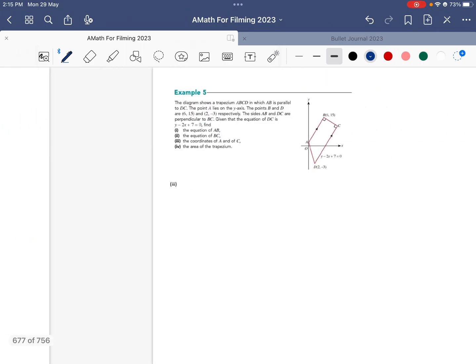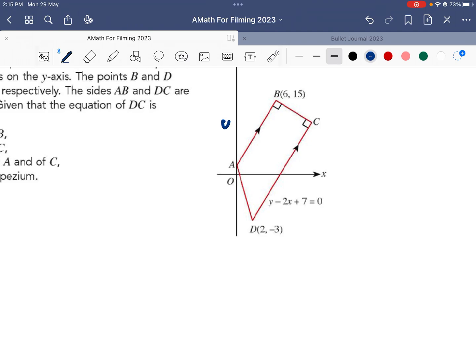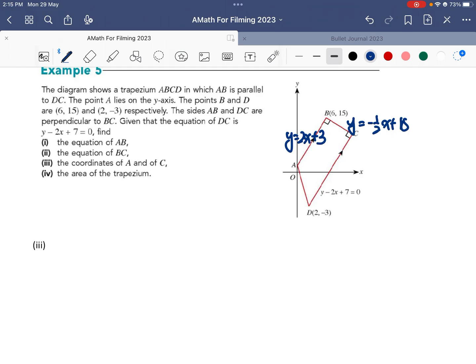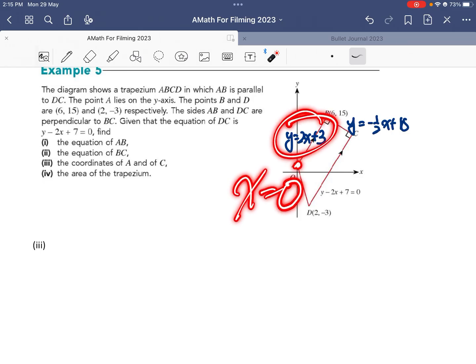Now, find the coordinates of A and of C. Just remember, this is y equals 2x plus 3, and this is y equals -1/2 x plus 18. Finding A is the simpler one. Remember what we said earlier: at A, along the y-axis, the x value equals 0.